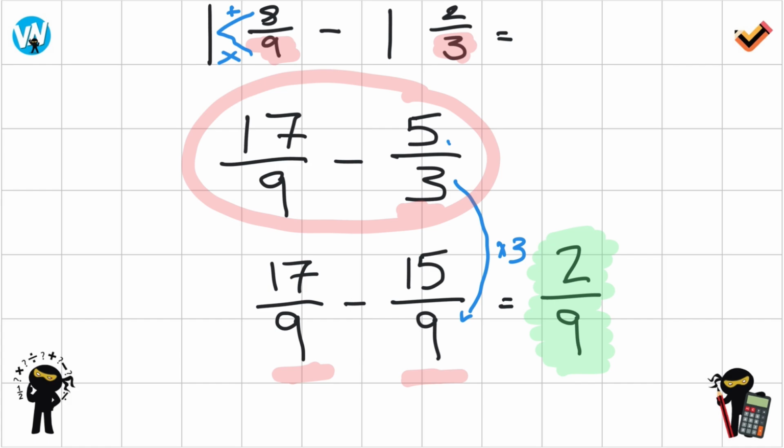Really, really simple. And if you're not sure on that, go back to some of the other videos on the channel, and there's specific videos about adding and subtracting fractions. So you can practice that skill, and then you just use this skill within these problems. So ultimately, they're very easy to do, very easy marks, and you're always going to get two or three of them in the arithmetic paper.